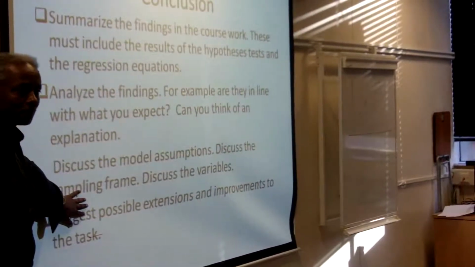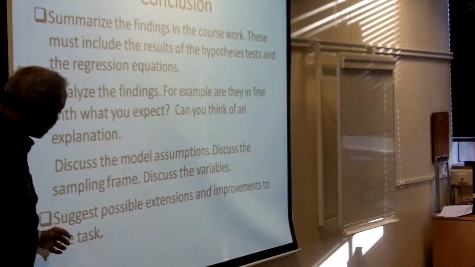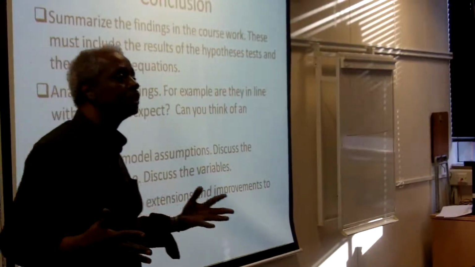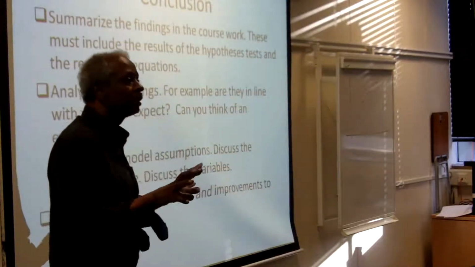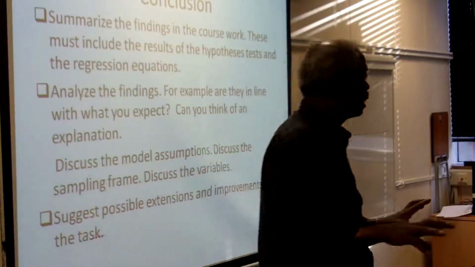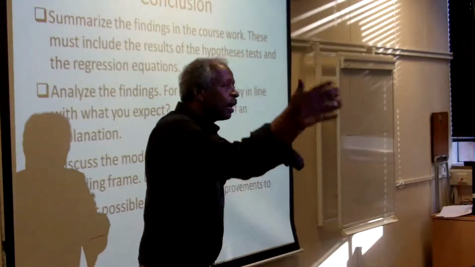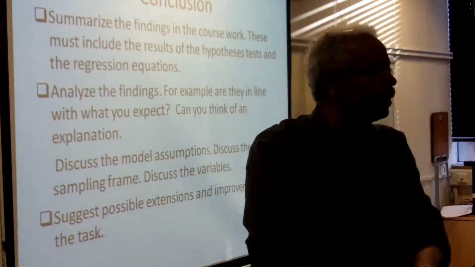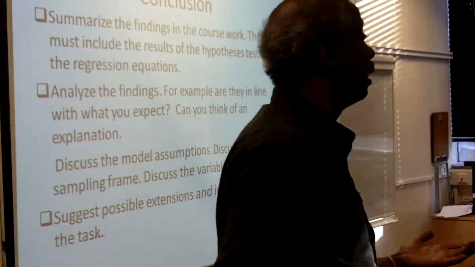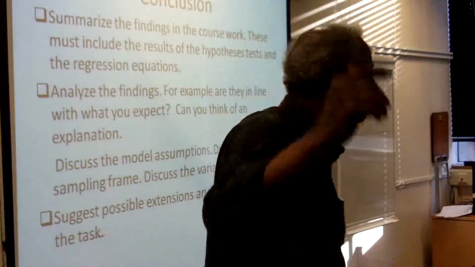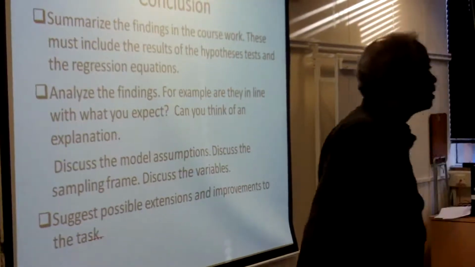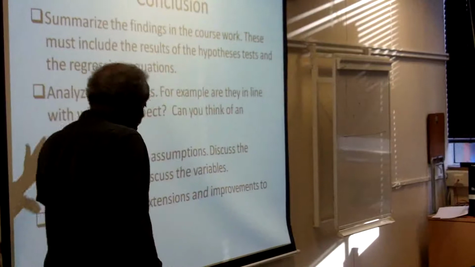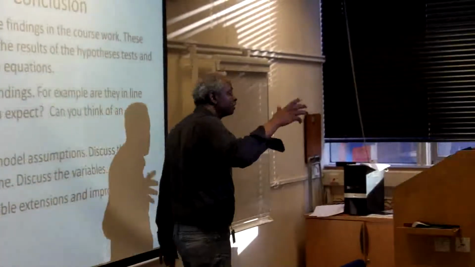The last part says suggest an extension. There are various ways of extending this task. I can include more variables. Instead of having 3 variables, I can have more. I just mentioned things like rate of HIV, whatever infection, or rate of cancer. You can always add various variables, GDP and GNP, etc. So you can think of extending along these lines.